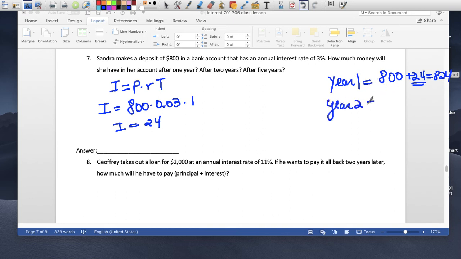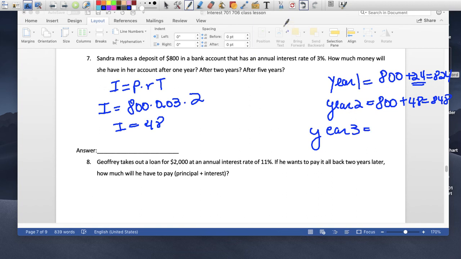In year 2, let's say you didn't go back after 1 year and you came back after 2 years. You're going to get 800 times 0.03 times 2, which means that after 2 years you actually made $48. So you're going to come back, close the account, and take out your 800 that you put in plus 48 extra dollars that the bank is going to pay you in interest.